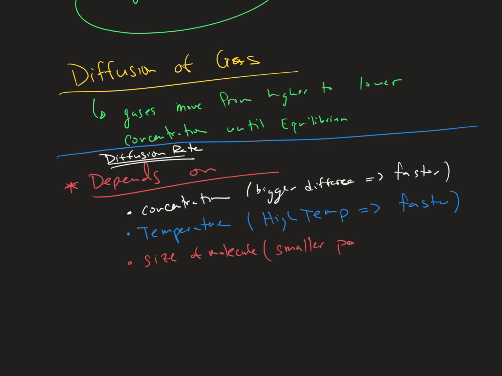Smaller particles means faster. And when I say smaller, that's kind of related to the mass, right? Remember, the space of each molecule is negligible. But the mass kind of refers to the size as well. So rather than specifying size, doesn't it make more sense to specify mass? Sure.